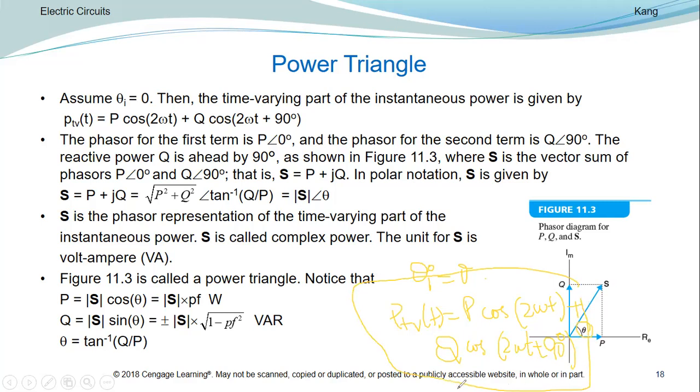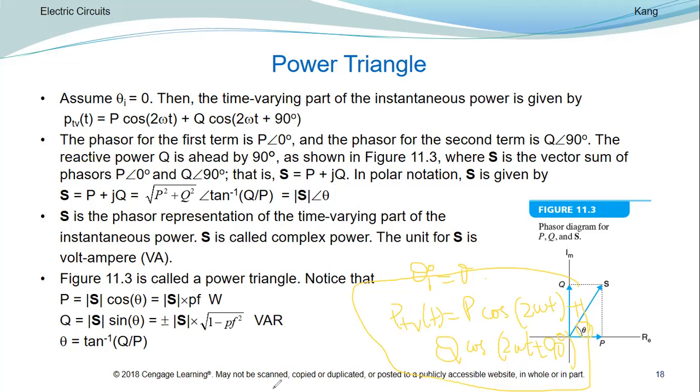So P TV with respect to time equals P cos 2 omega t plus Q cos 2 omega t plus 90.